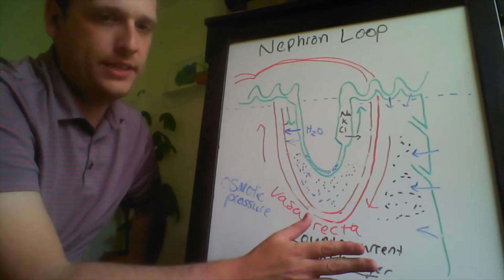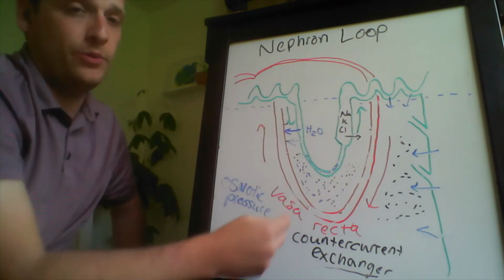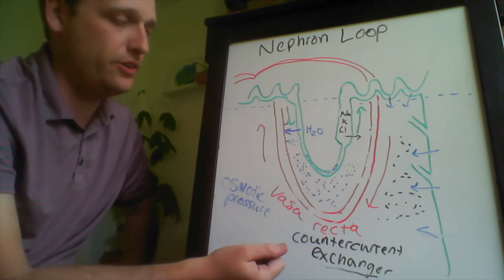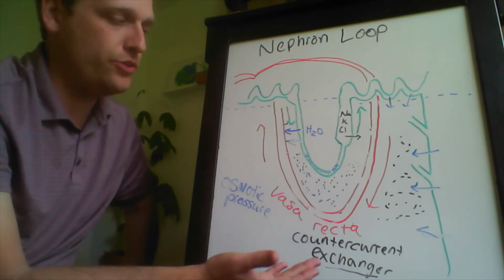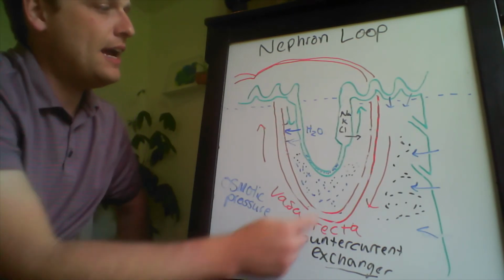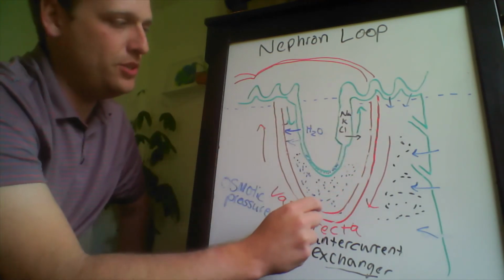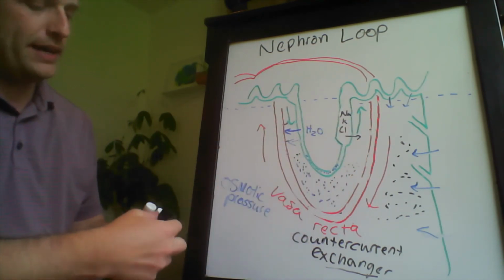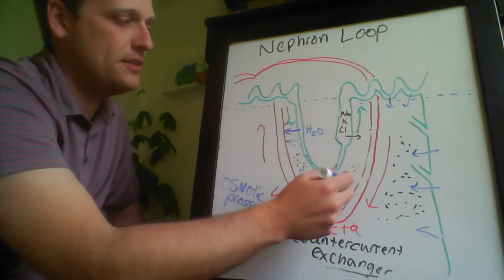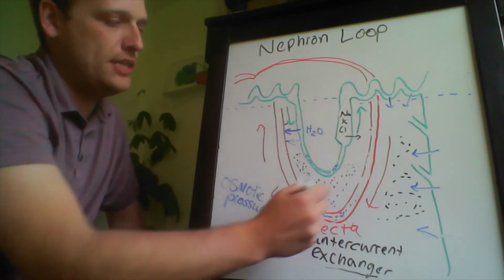And all this means is that as the vasa recta, which again is supplying blood to the tissue down here in the renal medulla, it needs nutrients and things found in blood to survive. So as you would expect, as the vasa recta goes down into the medulla, it is going to pick up sodium and chloride and potassium ions, and it's going to become more concentrated as it goes deeper into the medulla.